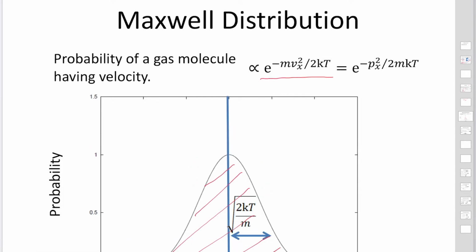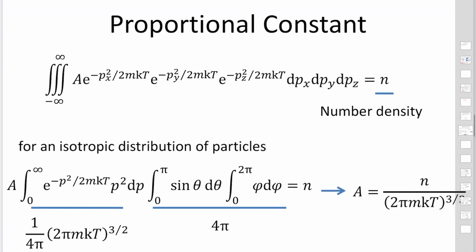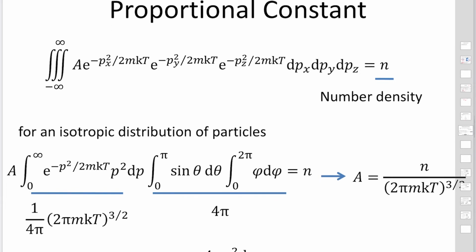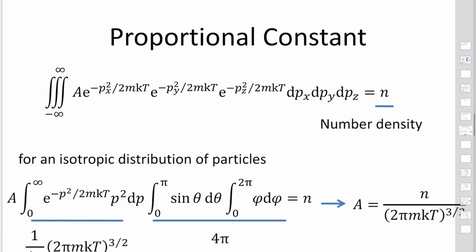If you express p_x equal to m v_x, then you can express the exponential of minus p_x squared over 2mkT. The distribution functions we discovered, if you integrate such a distribution over p_x, p_y, p_z, you need to multiply these functions.